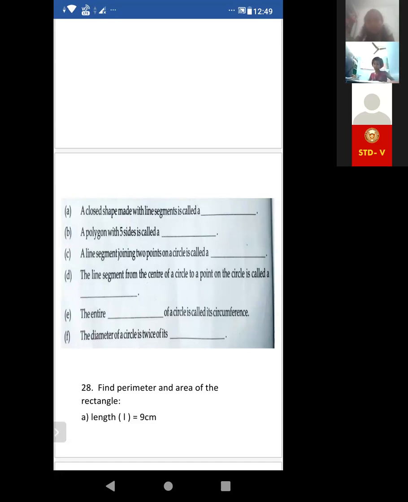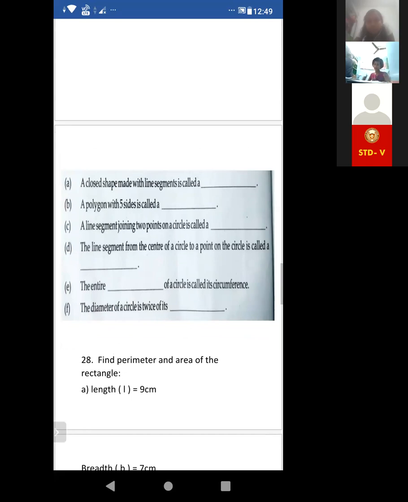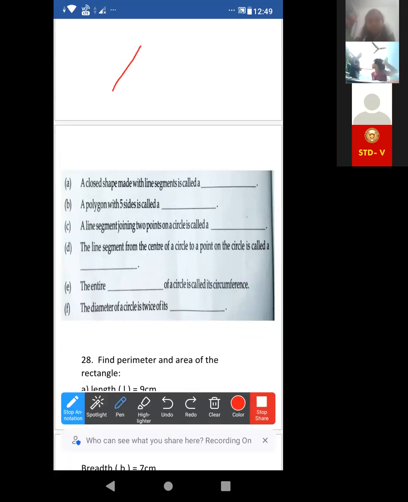Look, I am just drawing. Suppose 1 line, 2 line, 3 line, 4 line, 5. By these 5 line segments, we have drawn a closed shape, yes or no? Basically, this is called a polygon. This is called polygon. Clear?